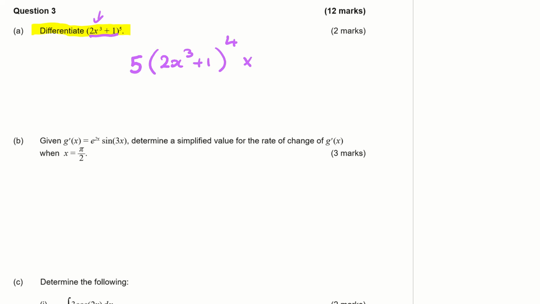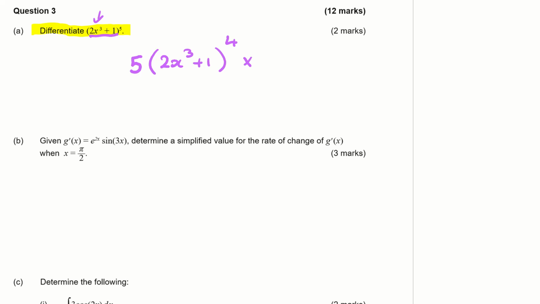And that's going to be v du dx, so that's 2e to the 2x sine 3x plus e to the 2x, so let's put the 3 in front there, 3e to the 2x cos 3x. And we want g double dashed of pi by 2.